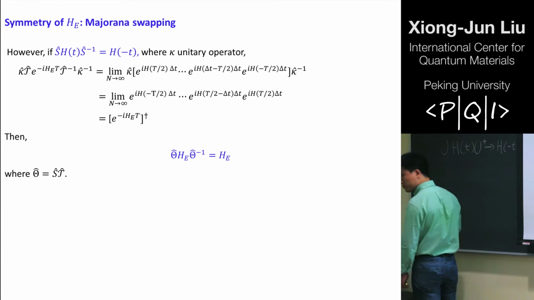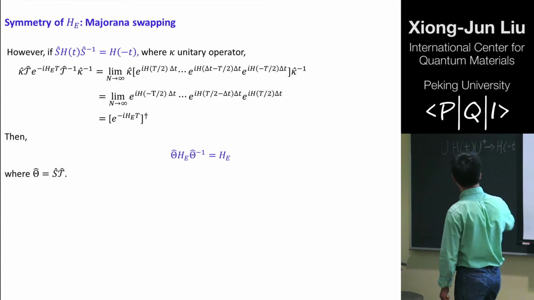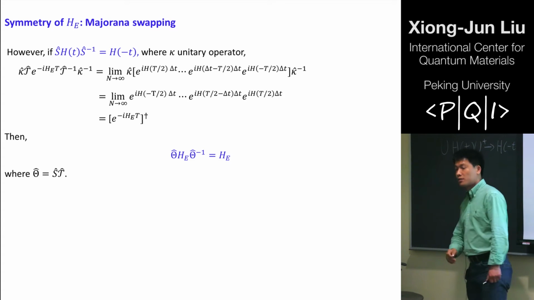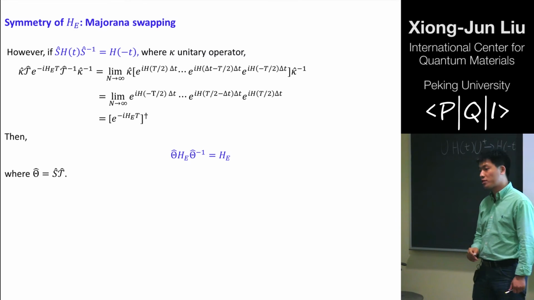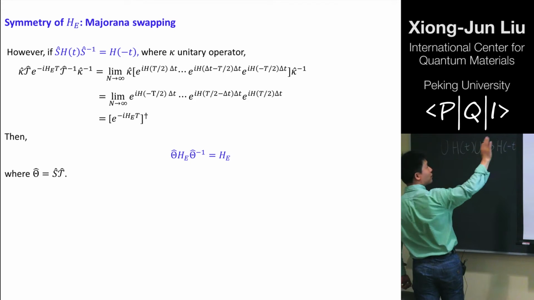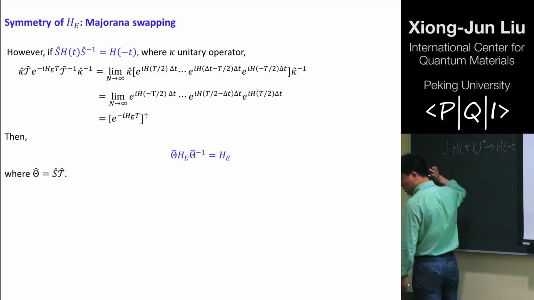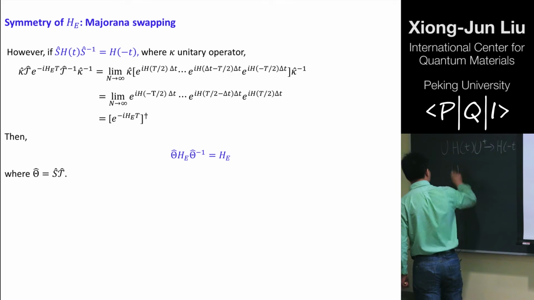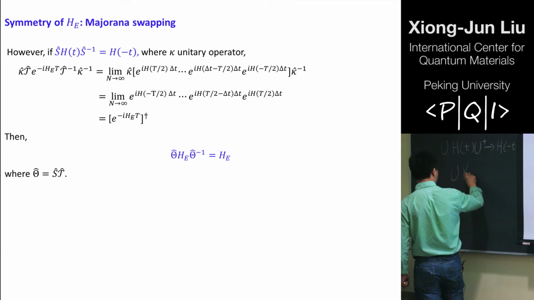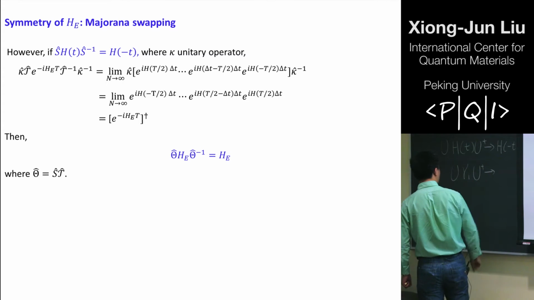Now, is this H an effective Hamiltonian? No, this is the original Hamiltonian. Yeah, the original Hamiltonian, right? And then I didn't write down how this operator transforms the Majorana fermions. Actually, you require that this U transforms gamma 1, and U is time independent.